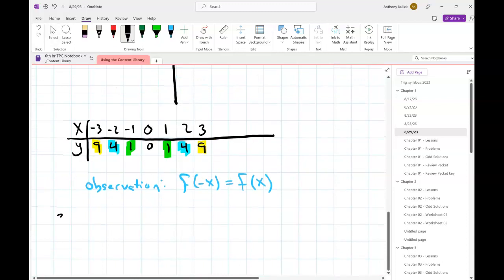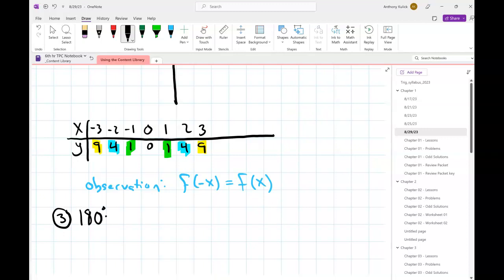Our next situation is called 180-degree point symmetry with respect to the origin. Woof, Mr. Kulik, that is a mouthful.